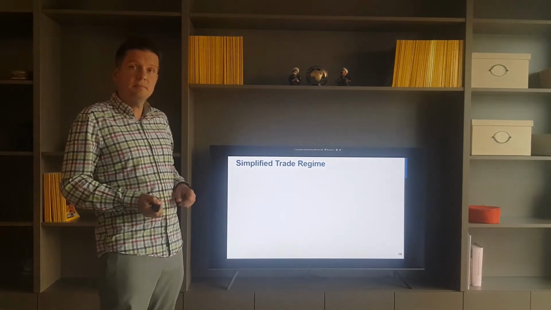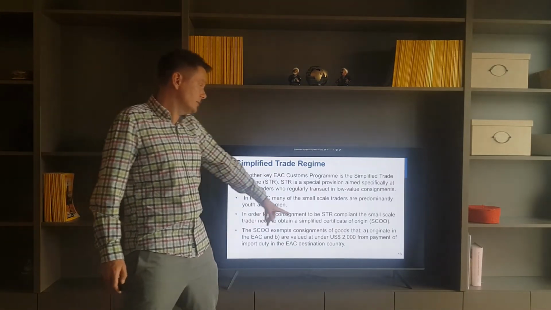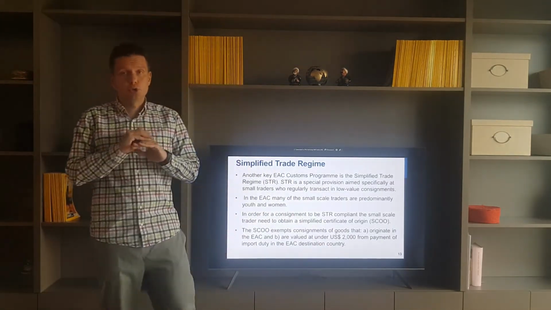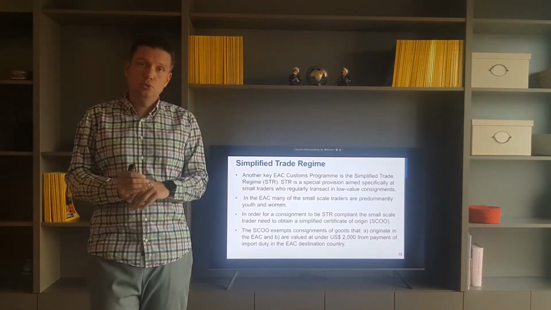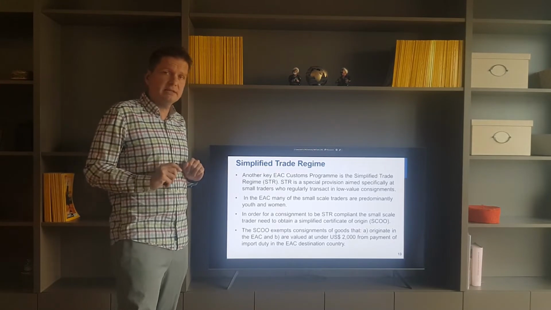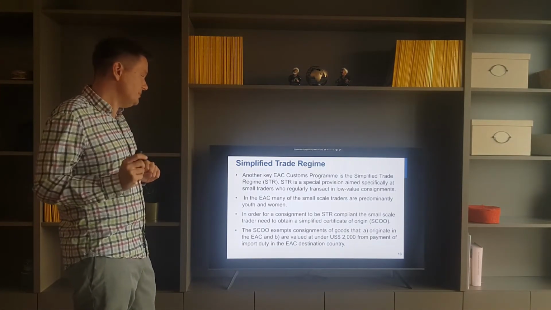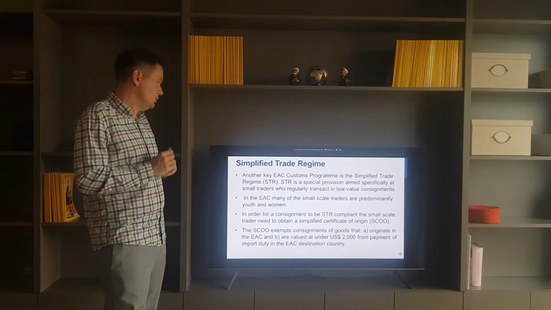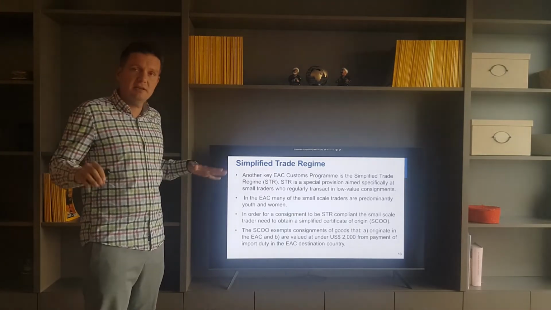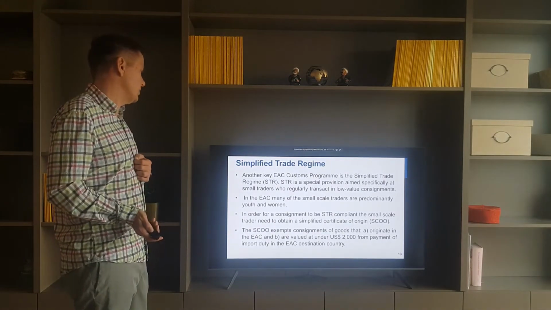In that case, you don't have to pay duties. You are fully exempt, and not only that, you are completely free to cross the border without any problems.